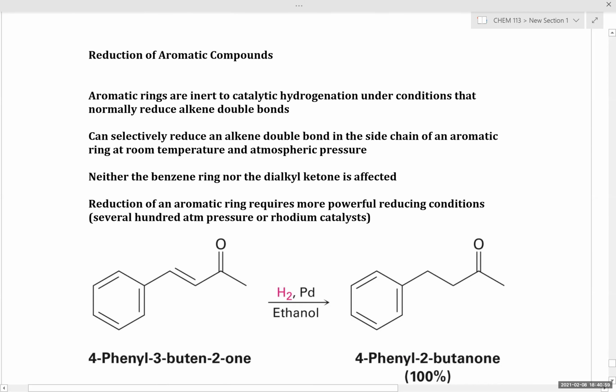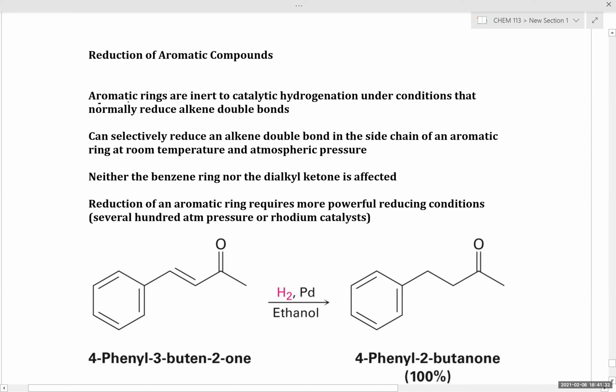Okay, the next major idea that's important to bring up is this idea that aromatic compounds and aromatic rings can activate adjacent substituents for reduction. So just like the benzylic positions are especially activated for oxidation, when you connect an alkene or a carbonyl functionality to an aromatic ring, that activates that alkene and carbonyl functionality for further reaction.